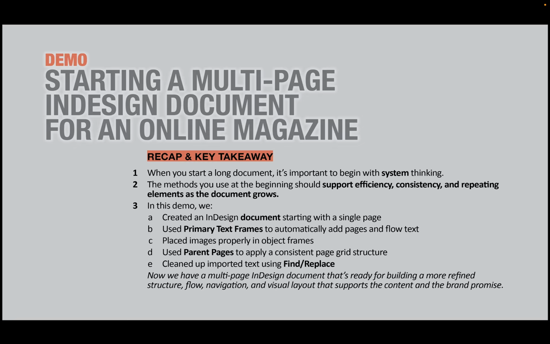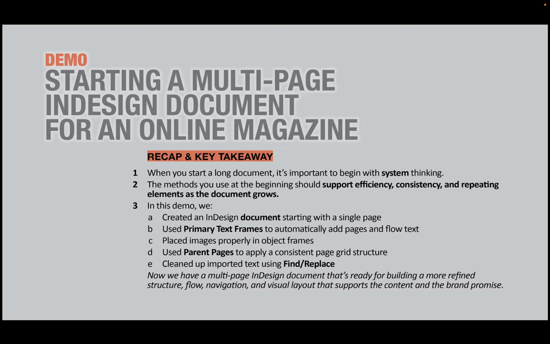Recap and key takeaway. When you start a long document, it's important to begin with system thinking. The method you use at the beginning should support efficiency, consistency, and repeating elements as the document grows. In this demo, we created an InDesign document starting with a single page. We used primary text frames to automatically add pages and flow text.